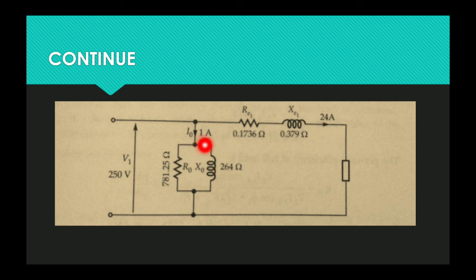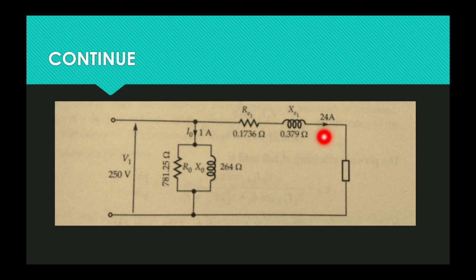The resistance referred to secondary, because this transformer is a step up transformer, is RE1 equals 0.1736 ohm, and XE1 equals 0.379 ohm, and the short circuit current is 24 ampere.